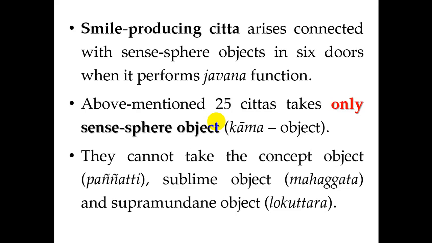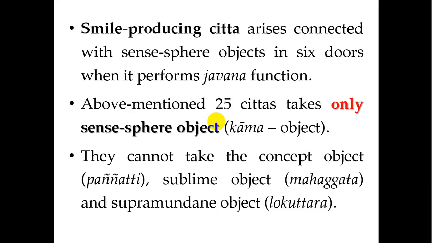Here they cannot take a concept object, a sublime object, or a supramundane object. Supramundane objects means magga cheta, phala cheta, and nibbana. Just look at nibbana. You cannot see nibbana with your own eye, right?